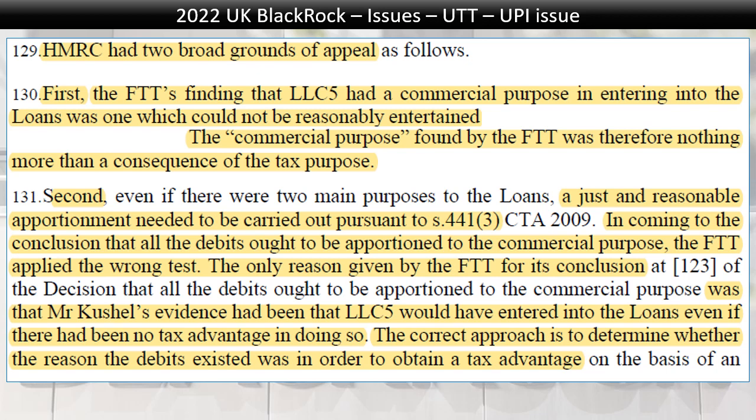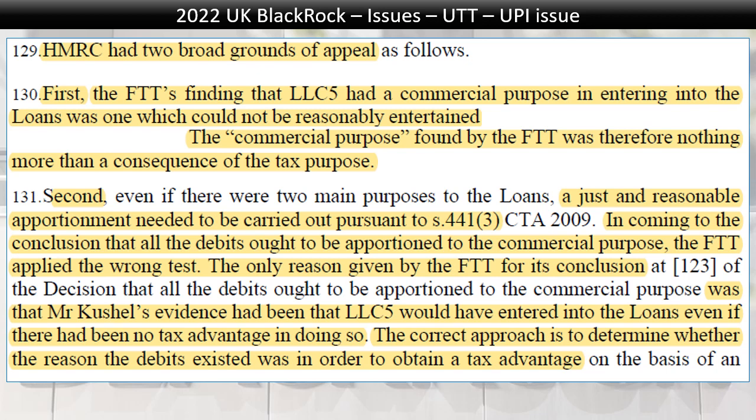We think that 60% or 40% of the purpose was to get the tax advantage, and the remaining percentage was to acquire the Barclays activities, and therefore for that percentage of the purpose that was a tax advantage, the interest deduction should be disallowed.